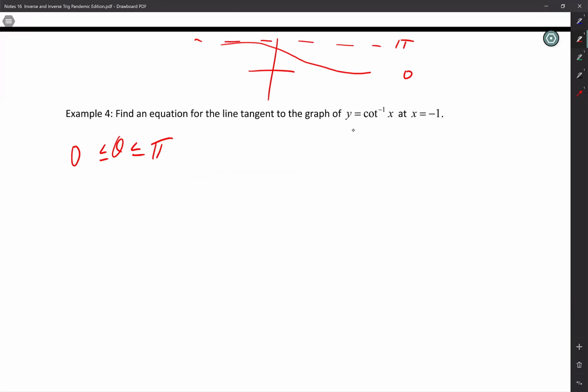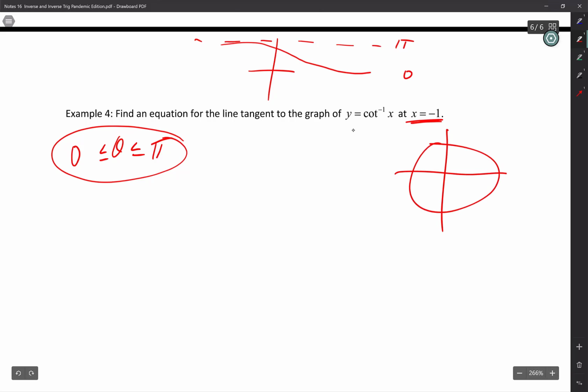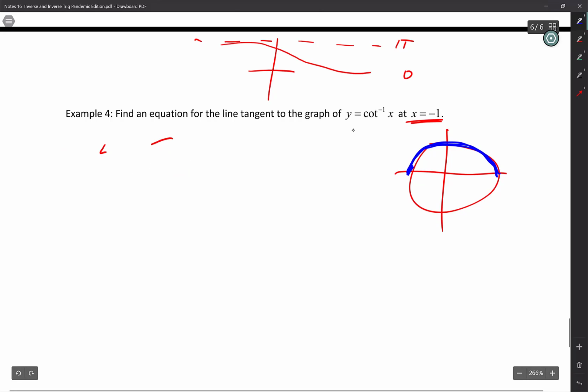So that means when I look at arc cotangent, my output, the y value, has to be between there. So on the unit circle, if I only look between 0 and pi, where is cotangent going to be -1? At what radian?